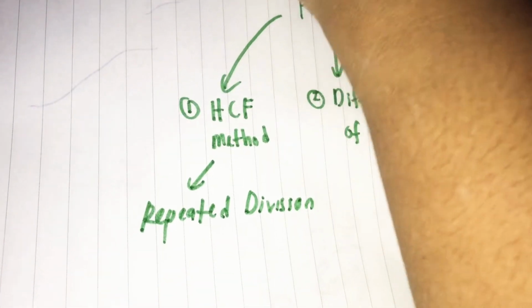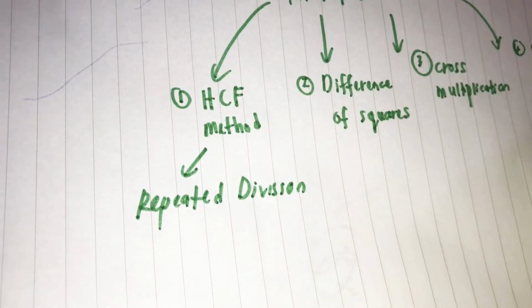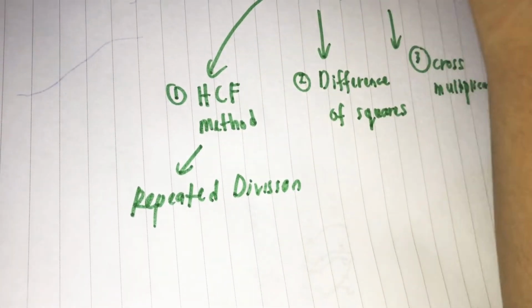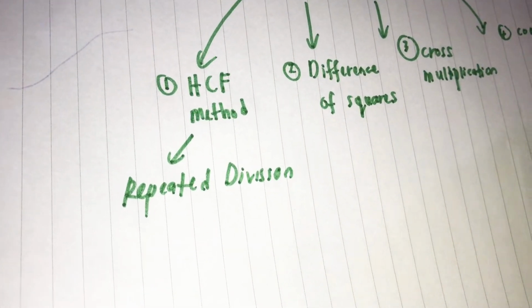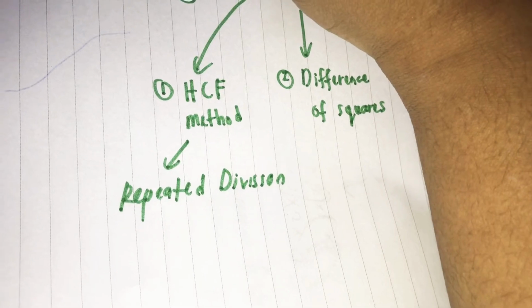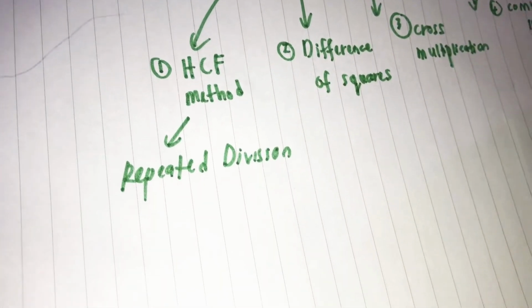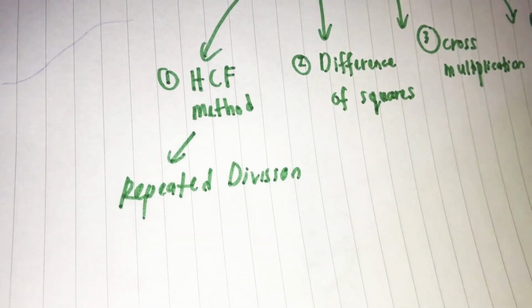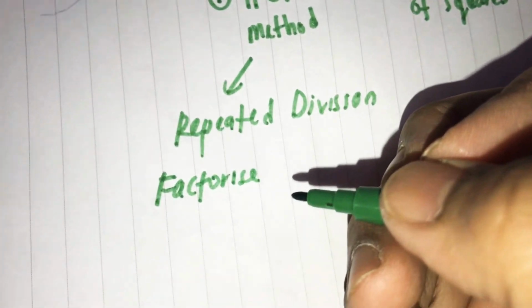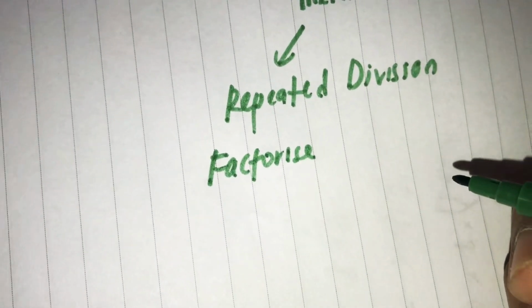Refer to your textbook, page 28. So now I start with repeated division. For example, the question wants you to factorize 3x plus 15. Okay, 3x plus 15.